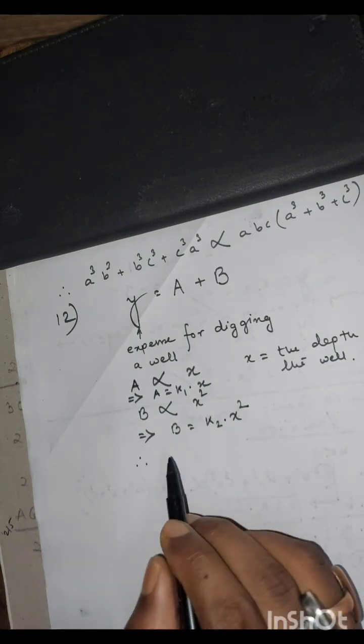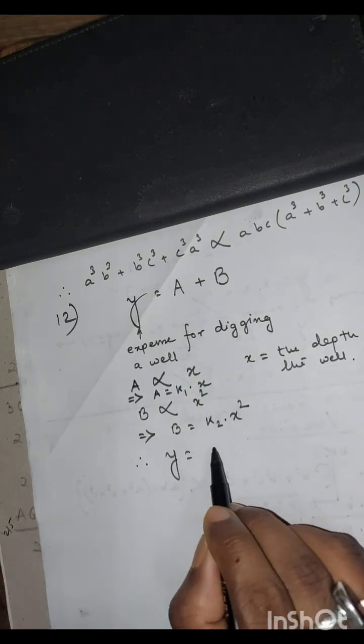Therefore y is k1 into x plus k2 into x square.